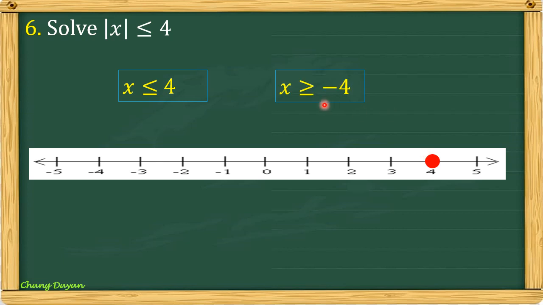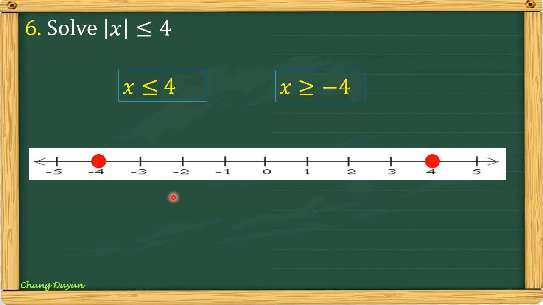Next is x greater than or equal to negative 4. As you see, this greater than or equal to negative 4 is the inverse of less than or equal to, and negative 4 is the inverse of positive 4. Next, let us plot the point negative 4.